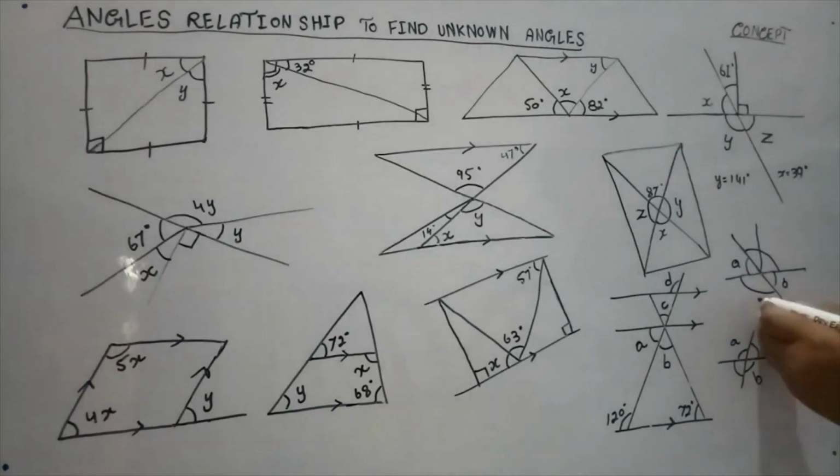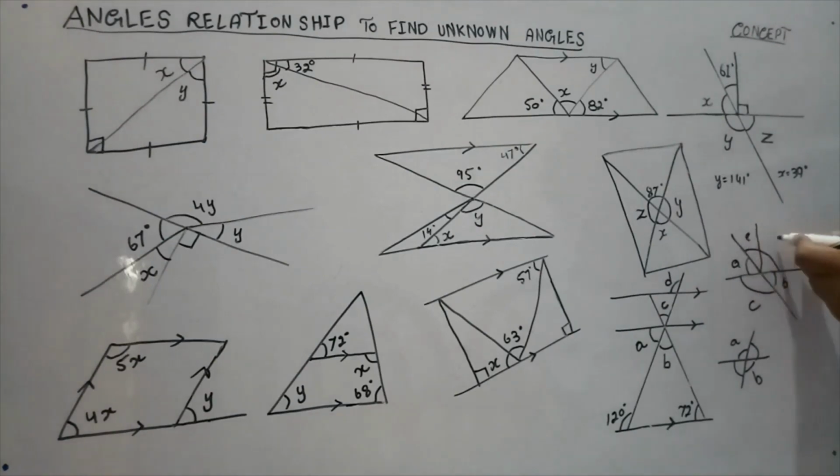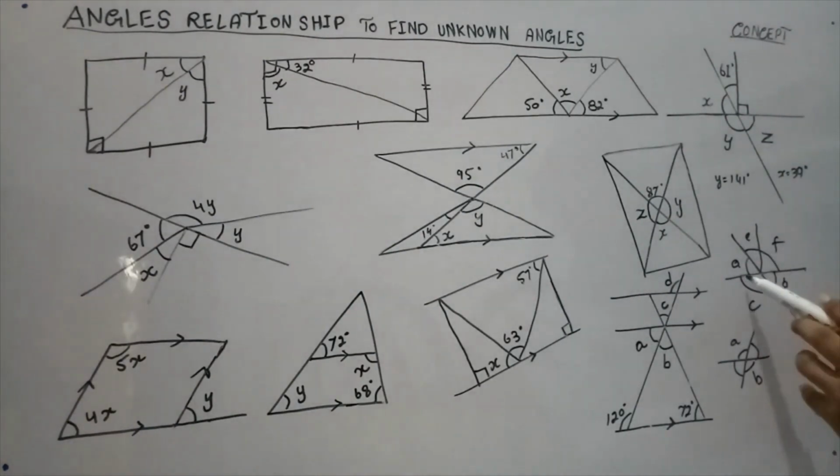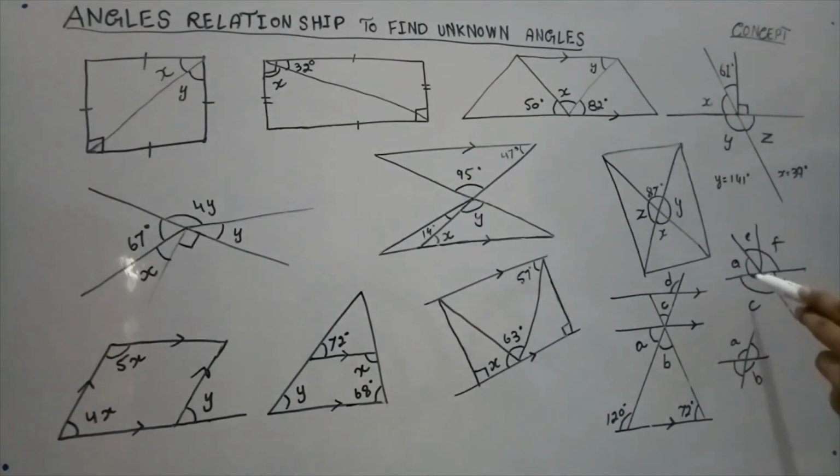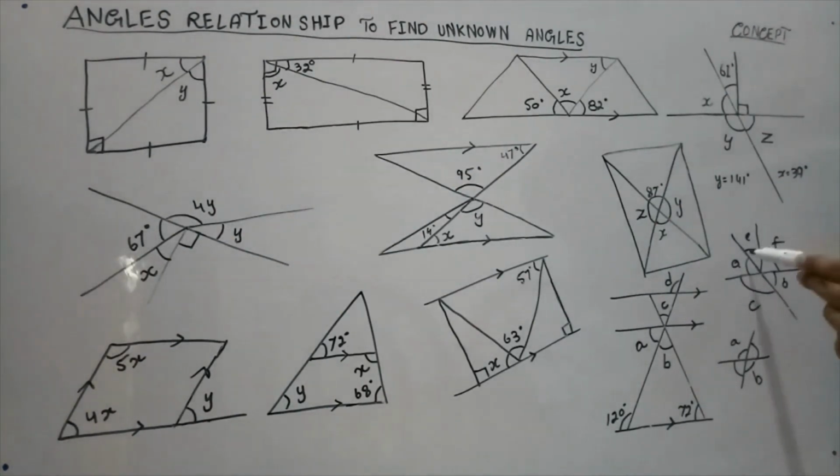This angle C will be equal to this angle E and F, because this is a straight line and this is a straight line, so this angle will be equal to that whole angle. Clear?